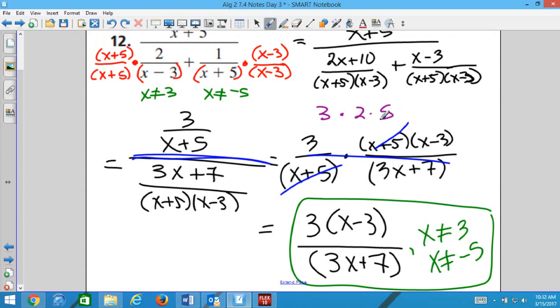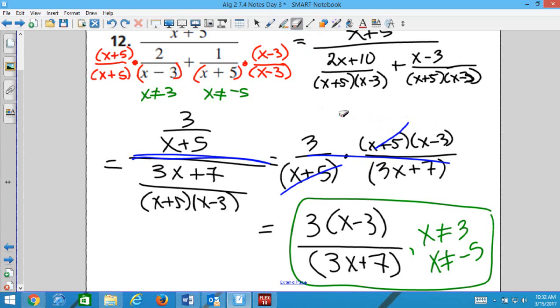If I'm multiplying 3 times 2 times 5, do I do 3 times 2 and 3 times 5? No. You just multiply two at a time and multiply that answer by the third. So I'm multiplying these two and then taking that answer times 3. You would only distribute if there was a plus sign between the two things, or a minus.